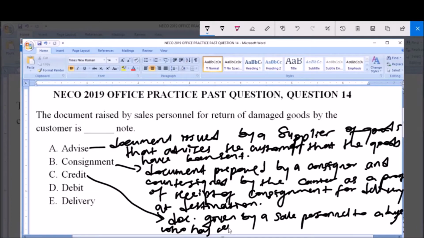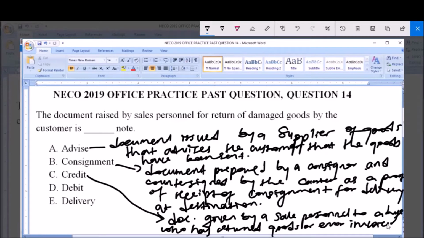That is, maybe due to an error in an invoice that has been issued to this buyer. So a credit note is a document given by a sales personnel to a buyer maybe for the return of damaged goods, or due to an error in an invoice already issued.